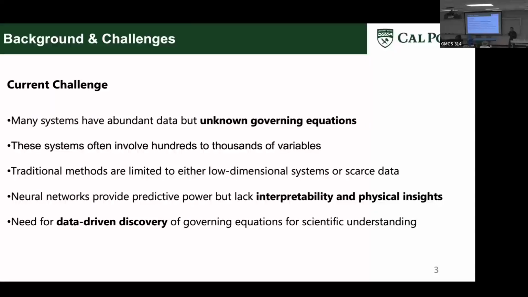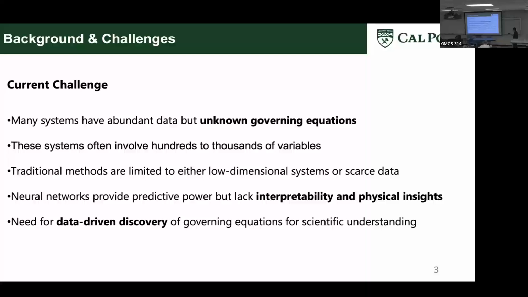We have seen a lot of order reduction methods applied to study their dynamics, but traditional methods are somewhat limited to low-dimensional dynamical systems or systems with scarce data. Neural networks have also been used extensively for prediction and for identifying and characterizing the dynamics.